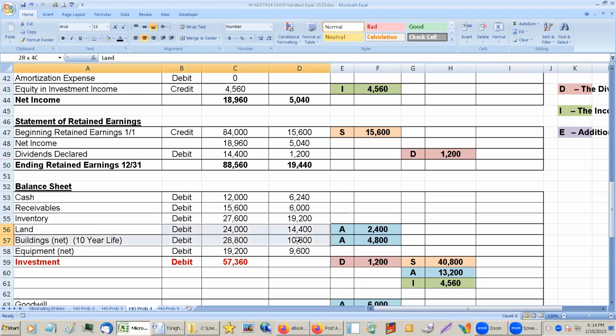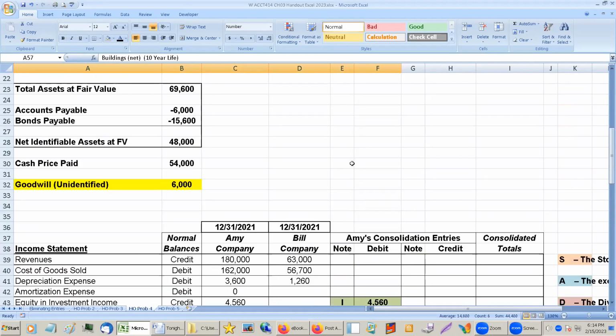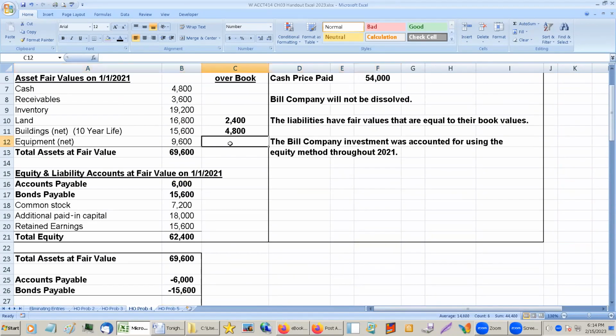And last, not least, is additional depreciation or amortization. The land doesn't depreciate, but the buildings will, so 4,800 divided by 10 years, what, 480?